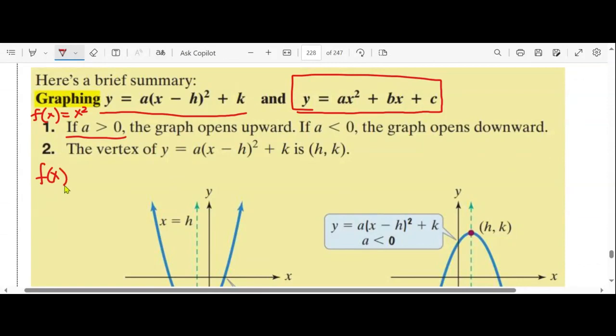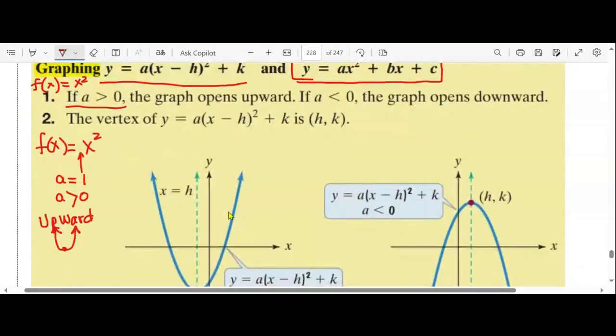And a is greater than what? Greater than 0. Therefore, the graph is upward. Okay, it's going this way. So in this case, the vertex is going to be minimum or maximum? Minimum.